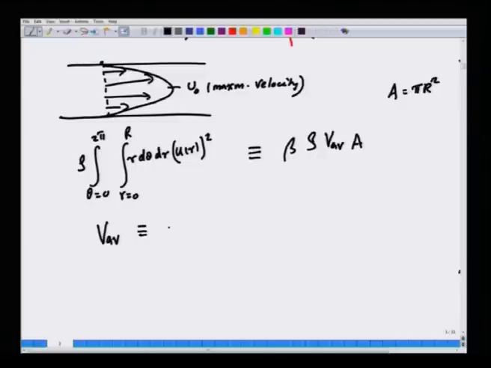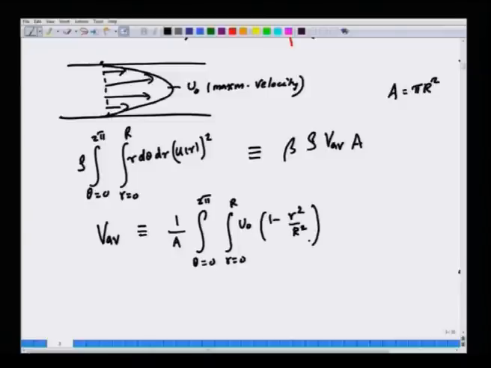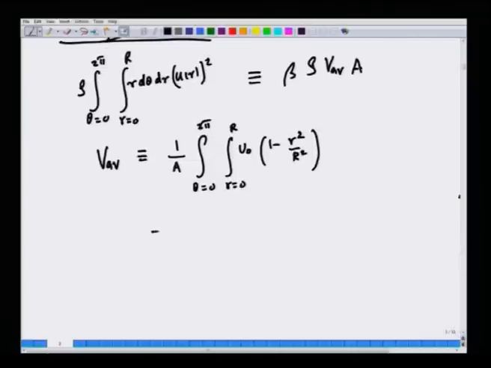V average is nothing but 1 over A integral, theta from 0 to 2 pi, r from 0 to R, of u naught times 1 minus r squared by capital R squared, and of course you have to do the r dr d theta.